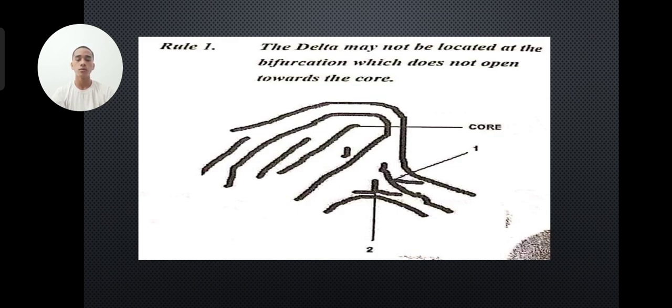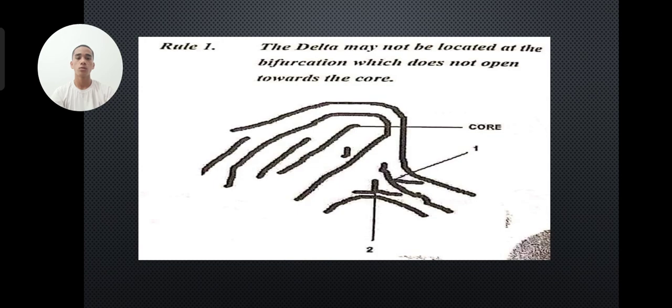And then ang gipangita sa rule number 1 is the delta may not be located at the bifurcation which does not open towards the core. So therefore, ang gipasabot number 1 diri is ang mamahimong delta is ang katuang bifurcation, or ang atong pilion nga bifurcation is ang katuang nakaatubang sa core.